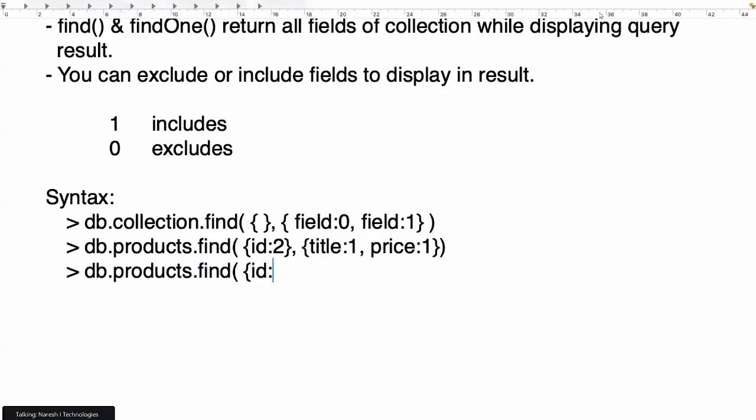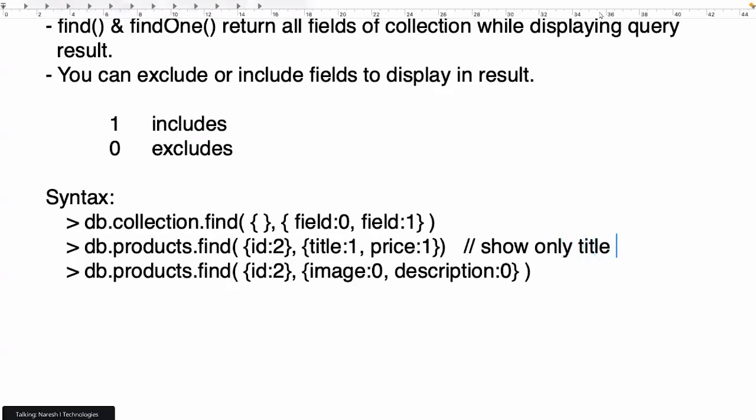Find ID as 2, image, description. This will show only title and price.